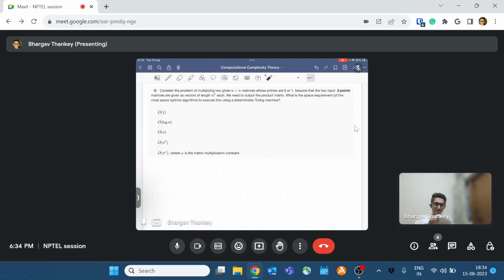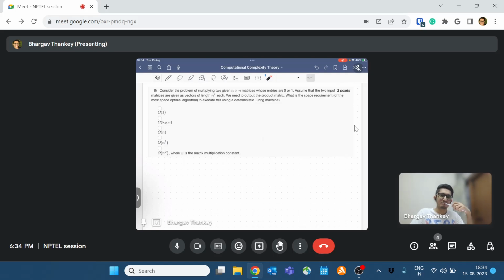Since this is the case of multiplication, I need to multiply the entire first row with the first column. The first row contains n elements, and the first column contains n elements. So to get one element, I'll have to make n multiplications, and I need to keep track of all this.